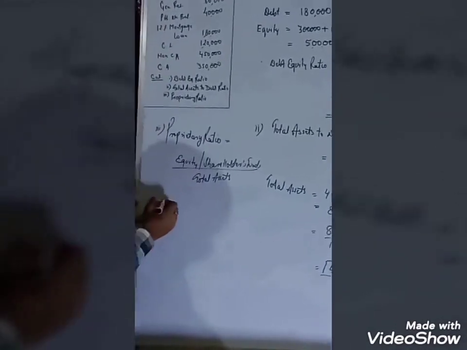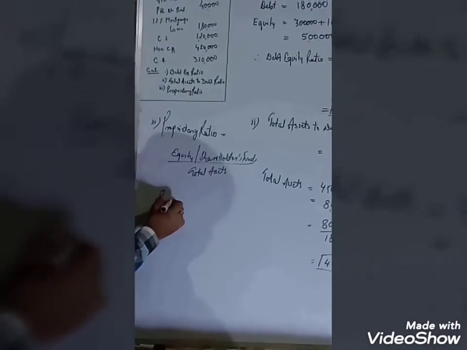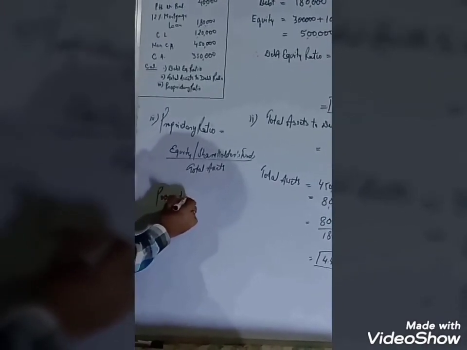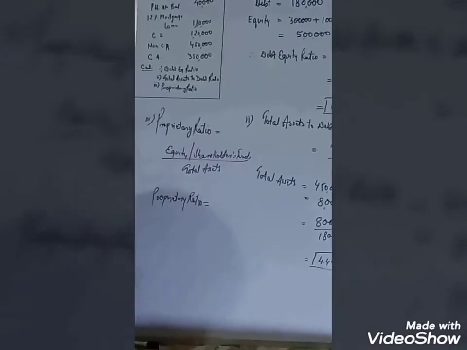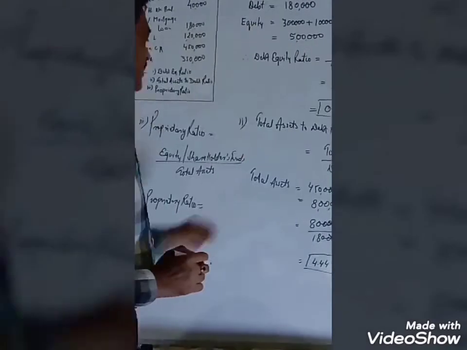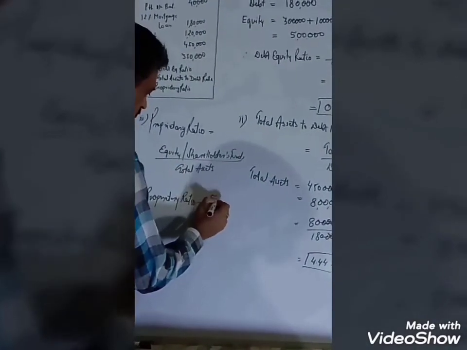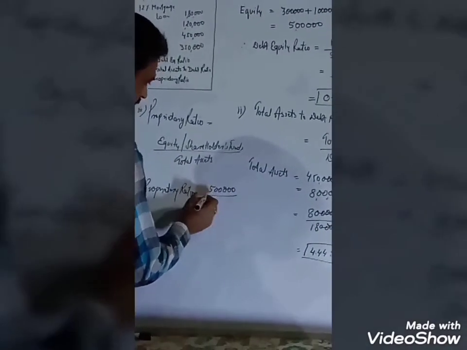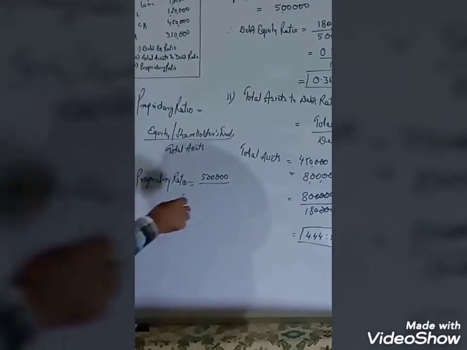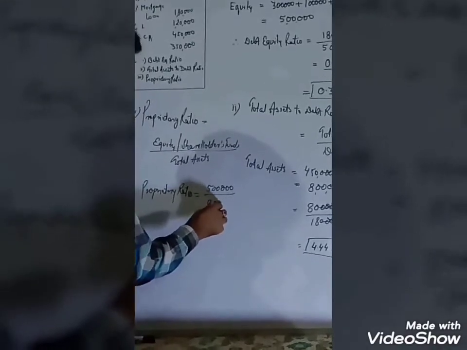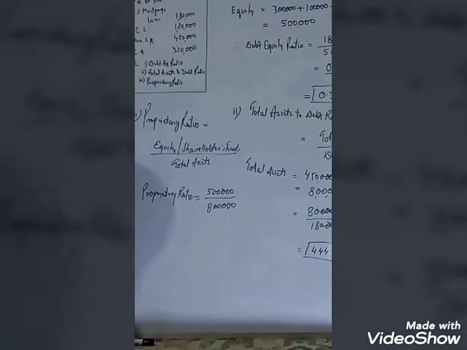Therefore, proprietary ratio is equal to equity. Equity is 5 lakh divided by total assets. Total assets are 8 lakh. So 5 lakh divided by 8 lakh.